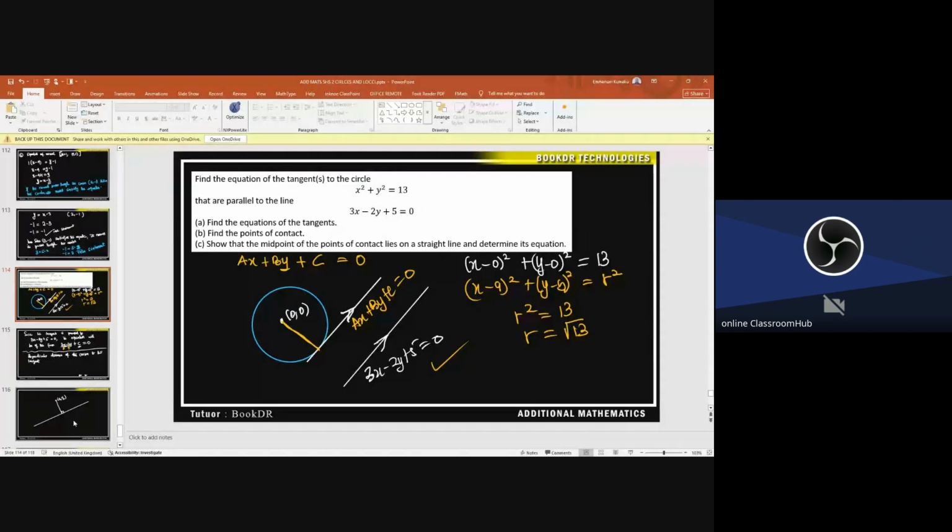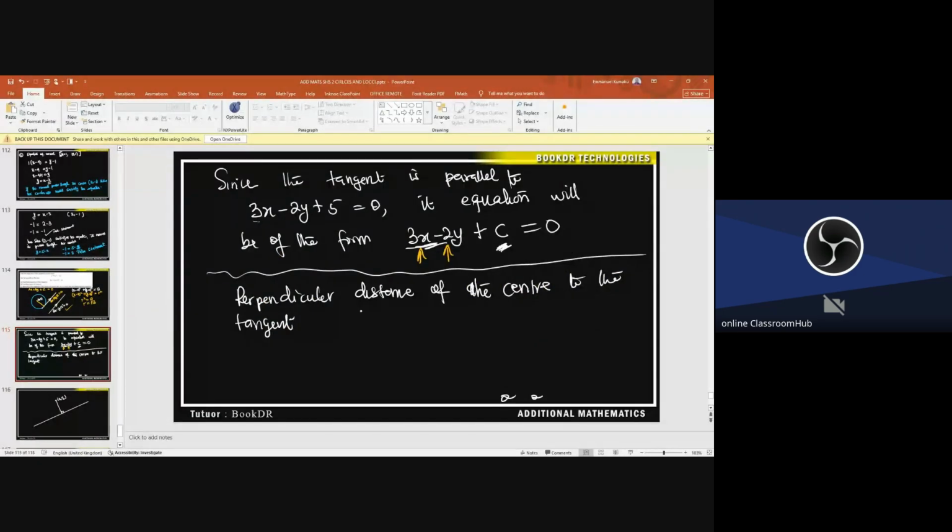Good. So we are going to use that formula to solve for our equation of the circle. And the formula is |ax0 + by0 + c| in absolute terms. The bars here mean in absolute terms.